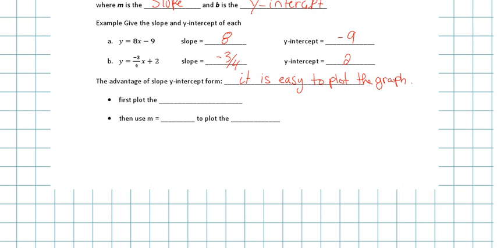First thing you want to do, you want to plot your y-intercept. You have to locate your y-intercept. Then you're going to use your slope, which represents rise over run, to plot the other points, or the second point.